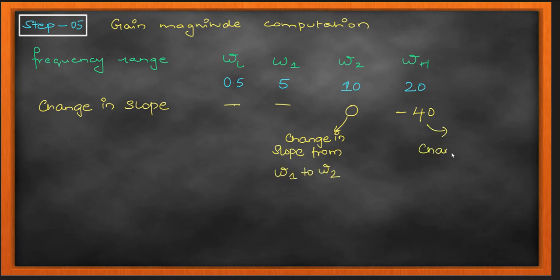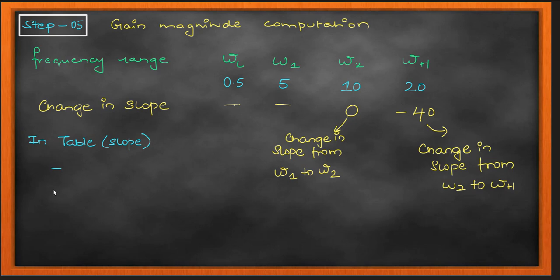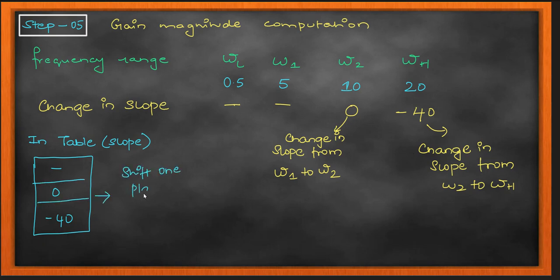This represents a change from omega 1 to omega 2, and here the change represents from omega 2 to omega h. And this is how I'm using the change in slope in step 5. If you go back to the previous slide, your table says something like dash, 0, minus 40.